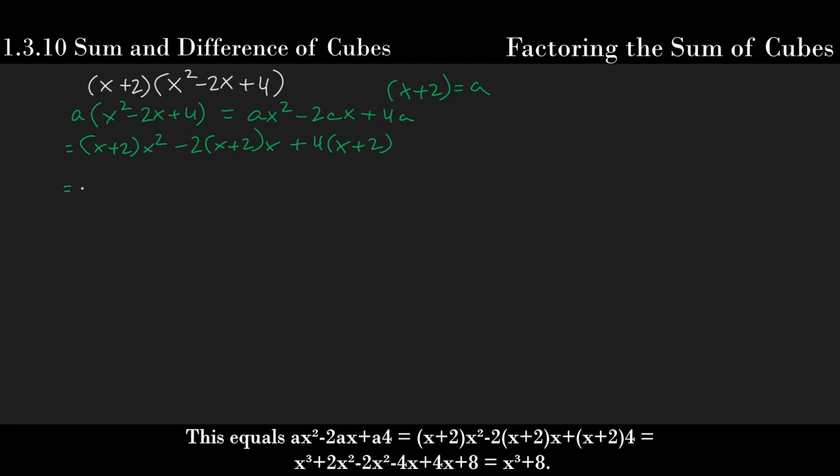This equals x cubed plus 2x squared minus 2x squared minus 4x plus 4x plus 8, which finally equals x cubed plus 8.